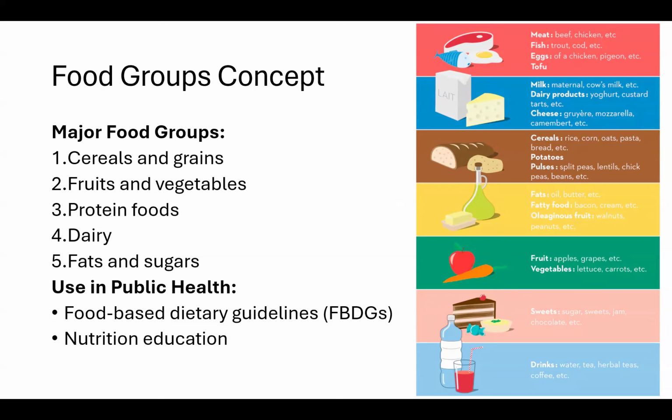Like we have protein group in which there is meat, fish, eggs, tofu, and then we have dairy group with milk, dairy products, cheese, and then we have carbohydrate and cereals and grain group. Then we have fats with fatty food, oils, butters, etc. Fruits and vegetables, sweets, and finally we have drinks with water, tea, herbal tea, coffees, etc.